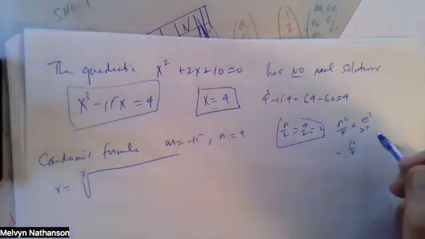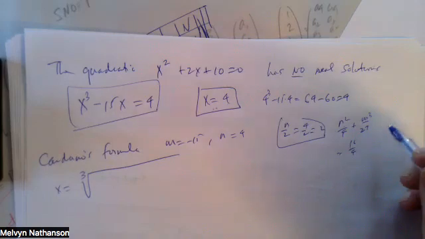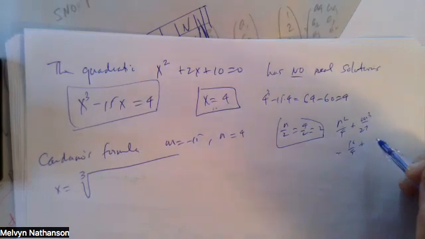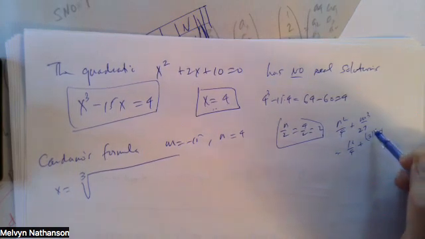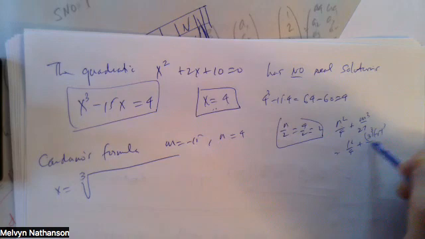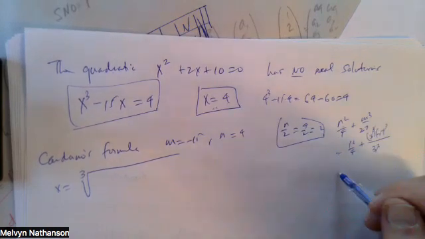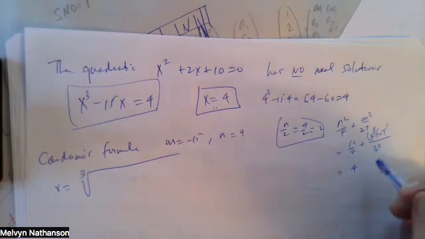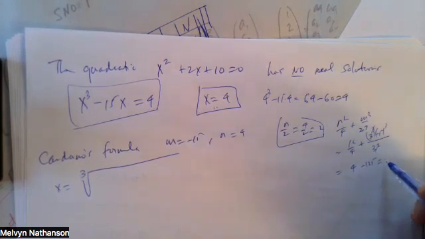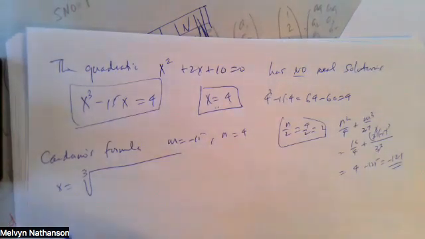So 15 is 3 times 5. So let me write this as 3 times minus 5 all cubed over 27, which is 3 cubed. So these cancel. 16 over 4 is 4. Minus 5 cubed is minus 125 is minus 121.